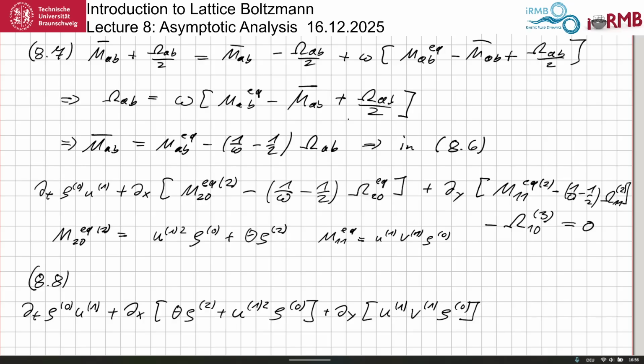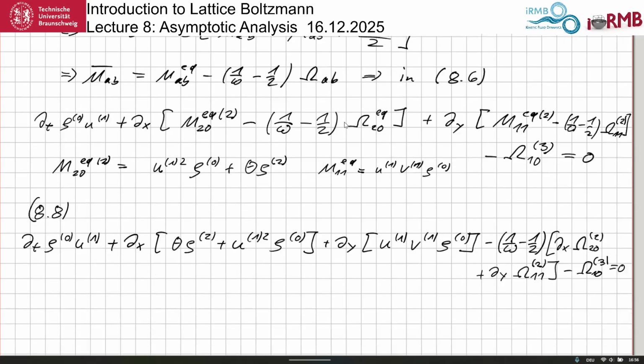And I've already taken out the other part here, which we later will identify with viscosity, 1 over omega minus 1/2. And here comes dx omega 20 to second order plus dy omega 11 to second order, closing the brackets, minus omega 10 to third order, all of this equal to 0. Okay, still confused?